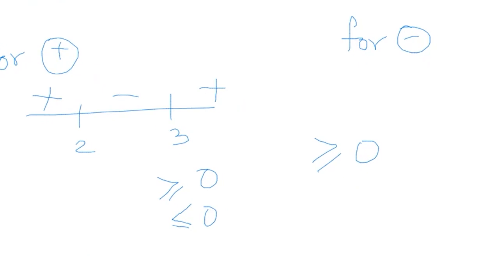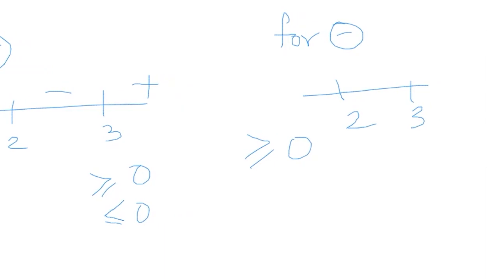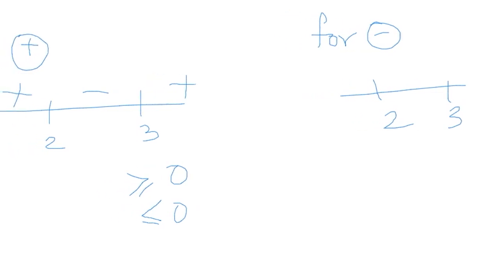For negative, it's also a bit similar but different. What did we do earlier for A positive?